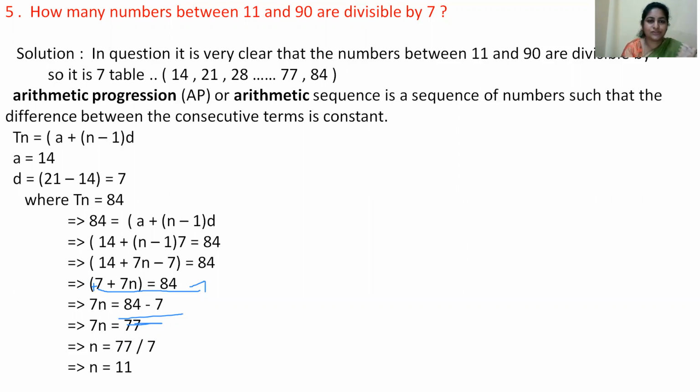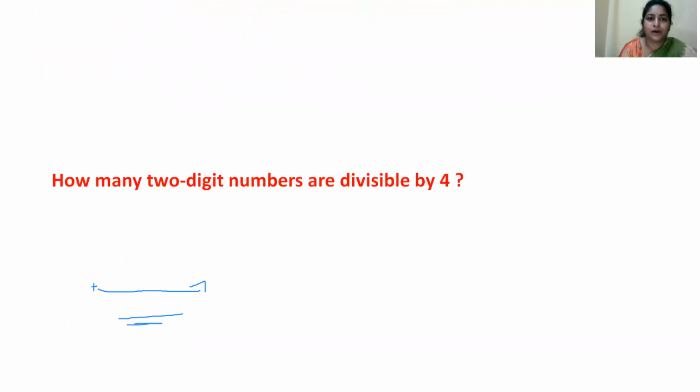So I hope you understood how to work with an arithmetic sequence. Now I will give you a question you can try out at home. How many 2-digit numbers are divisible by 7? How many 2-digit numbers are divisible by 4?